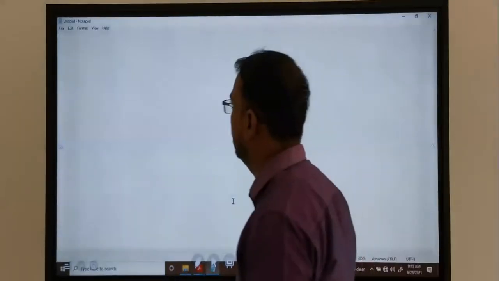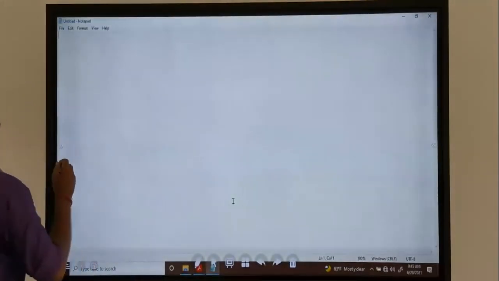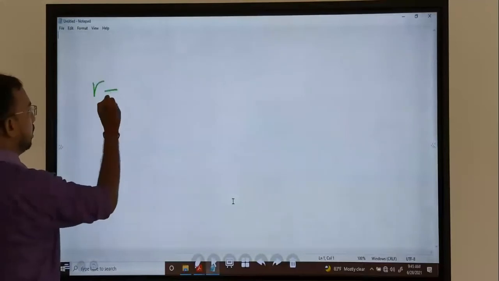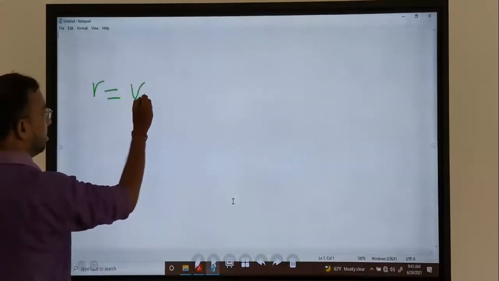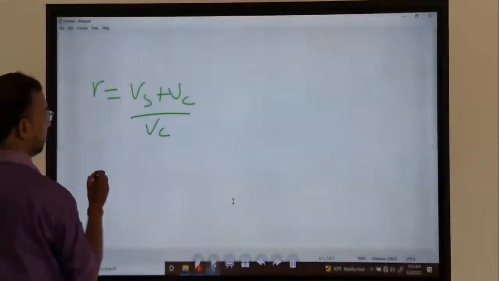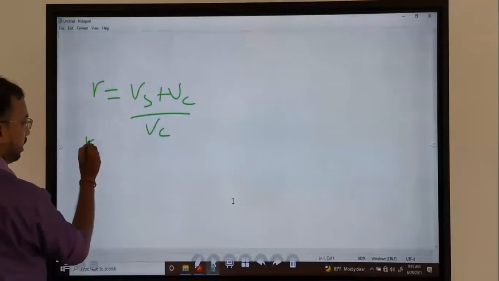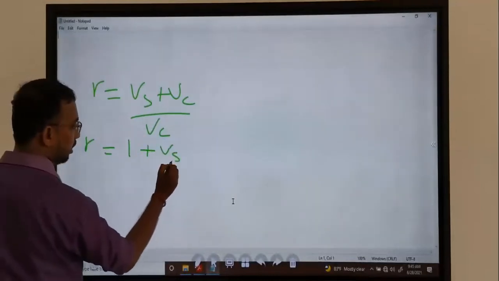First we know the equation, the compression ratio equation. That is R equals 1 plus VS over VC.